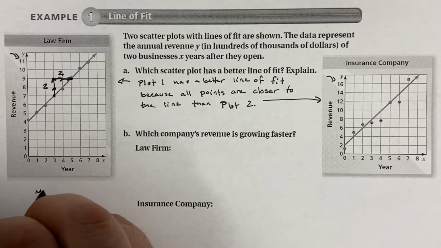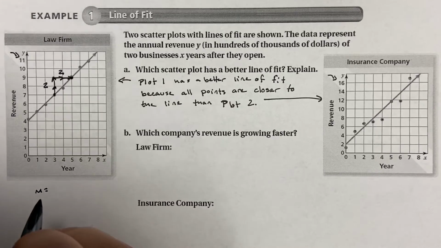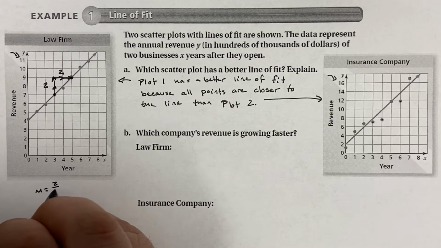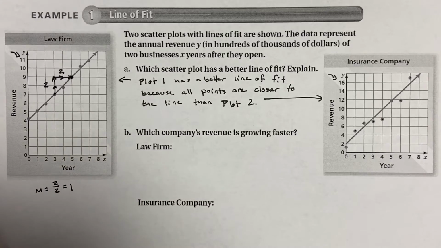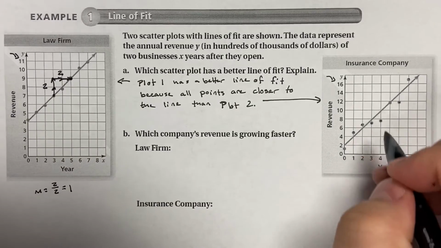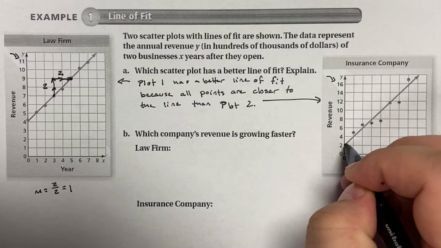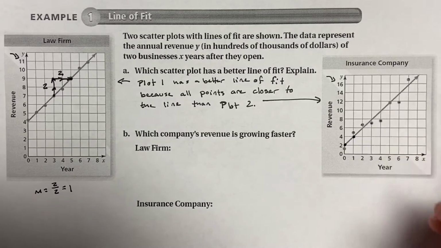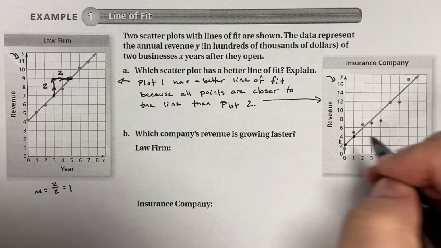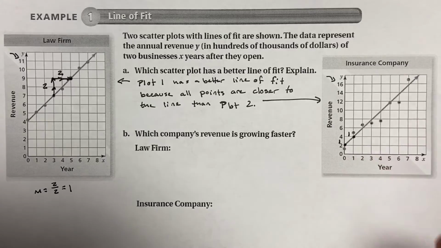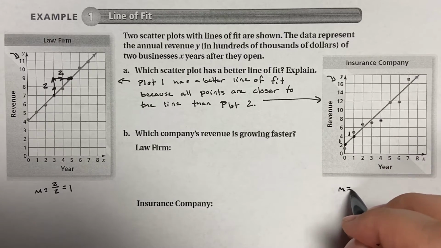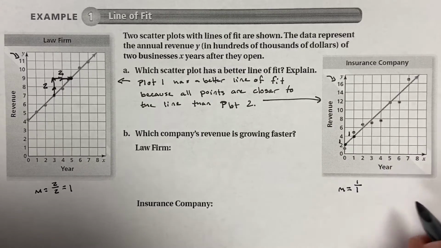So our slope of this graph is going to be 2 over 2, which is equal to 1. Now I come over here, and I can see that this point and this point are going to be easily recognized. So we have our slope is equal to 1 over 1.